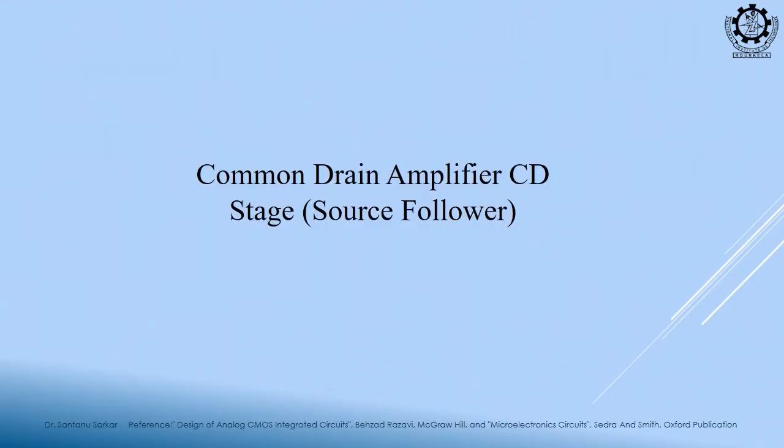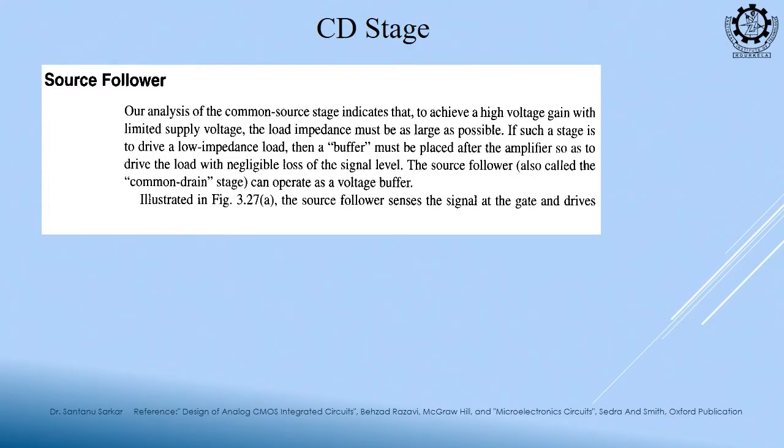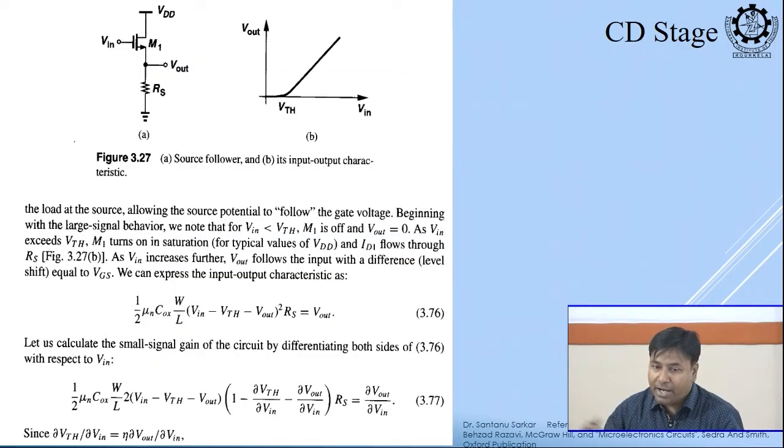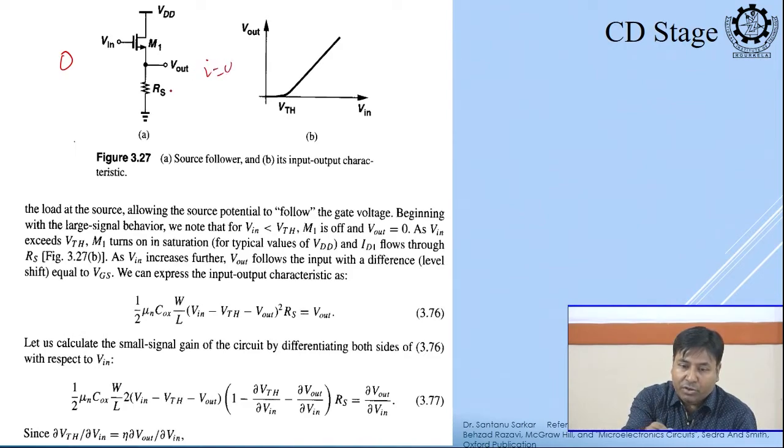Let us quickly recapitulate the common drain stage. The common drain stage can behave like a buffer, and we have seen that suppose Vin is 0, no current flows, so I is equal to 0. So, this Vout is equal to 0, so it starts from 0.